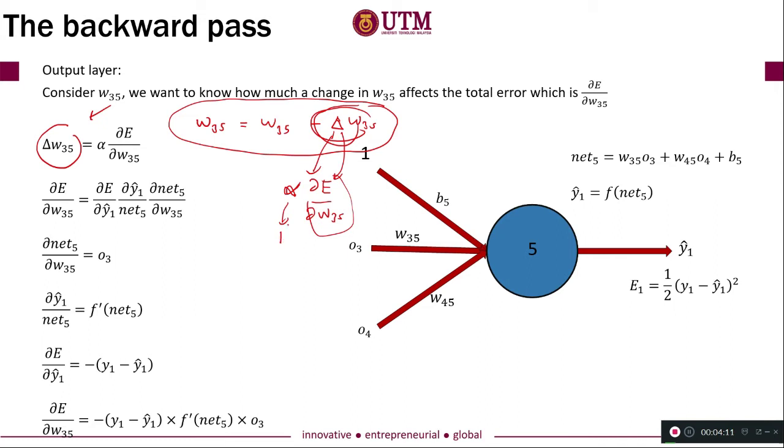But normally we tune this from 0 to 1, because sometimes we don't want the full gradient value to update your W35, as it will make your step bigger and you cannot find the global minimum.